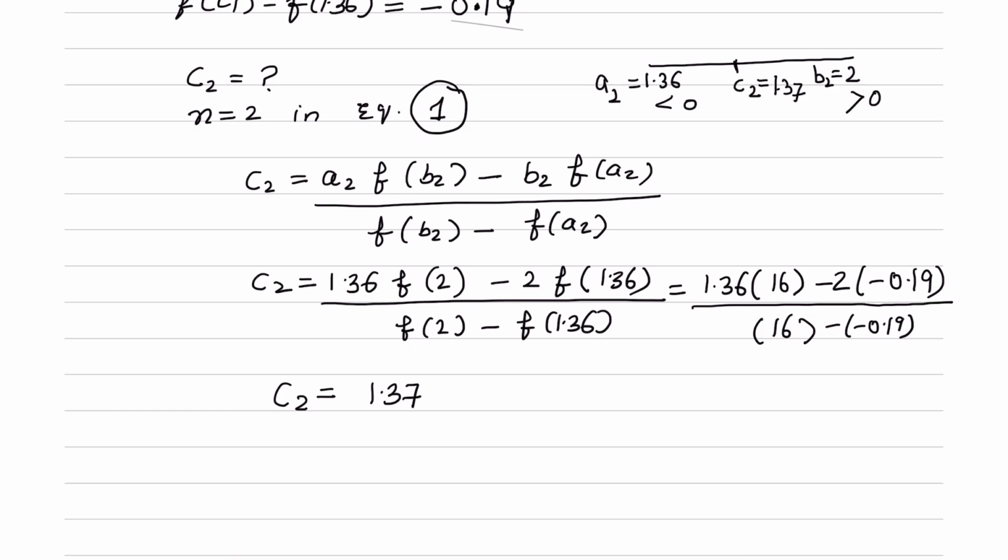Every time we find a false point, like here c2 equal to 1.37, we are going to find the value of the function at that point. So we will compute f of c2, which is f of 1.37. We have the function. We will plug in 1.37 in the places of x.